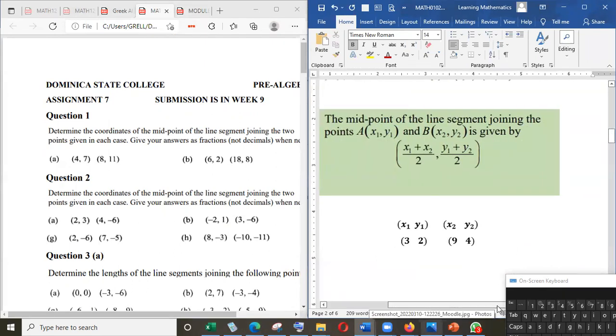Also, please do that. You will be having 4 and 7, 8 and 11. Okay. And I've labeled x1 to be 3, y1 to be 2, x2 to be 9, y2 to be 4. So we can use this formula there to find the midpoint.